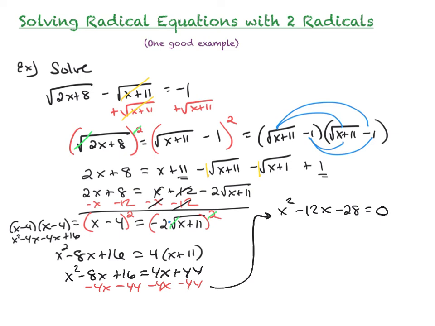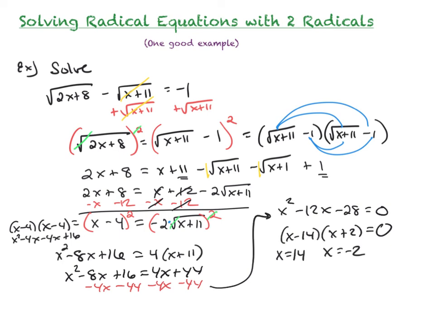Okay, and that factors not to 7 times 4, because that certainly doesn't give us 12, but x minus 14 and x plus 2 will multiply to give us the x squared minus 12x minus 28. So initially, our two answers are x equals 14 and x equals negative 2.